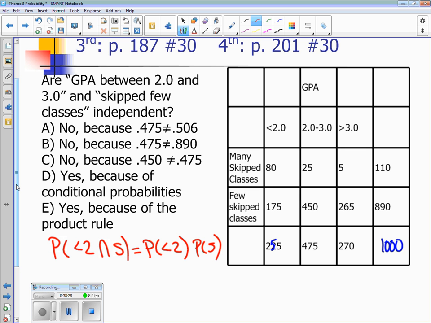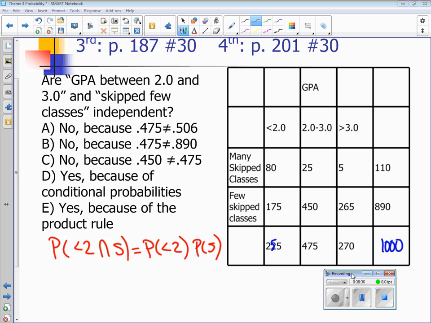If that equals each other, then they are independent. Would you agree? Okay. So let's see if those numbers are where they're coming from, because that is one way to show independence. The other is to show that the conditional equals the non-conditional. So let's see which one they're asking for here. So 2 and is 80 divided by 1,000, right?